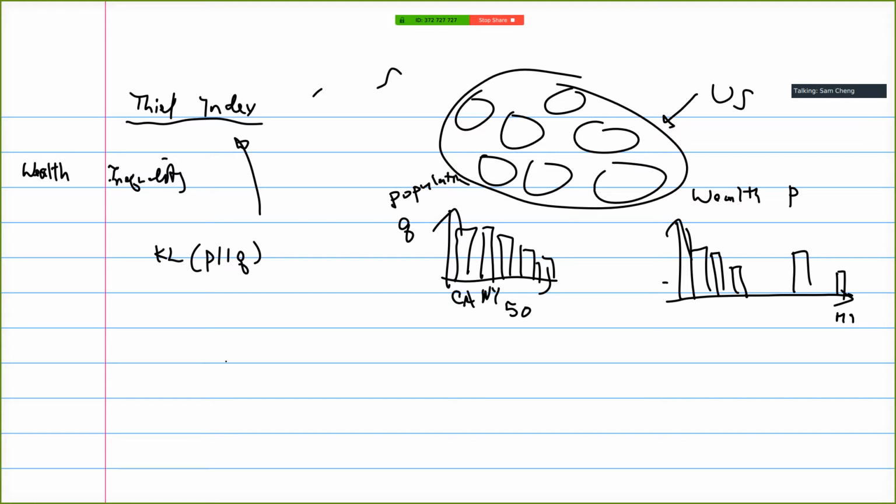So let's give an example for this Theil index here. Let's say I apply it to a group of n individuals. In this case, you can think of n groups here, right?